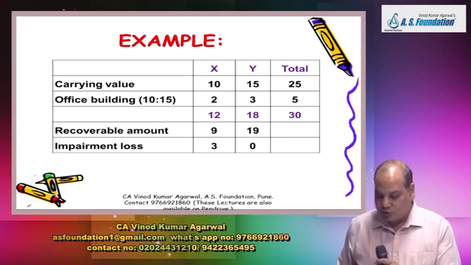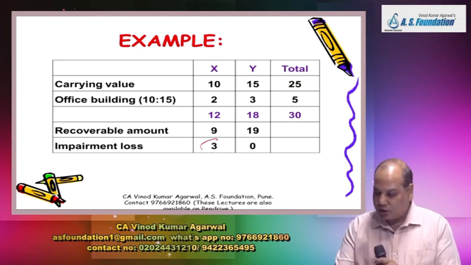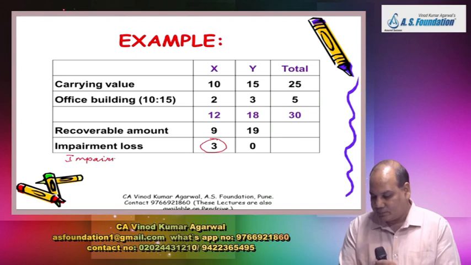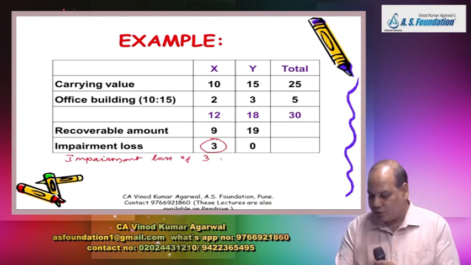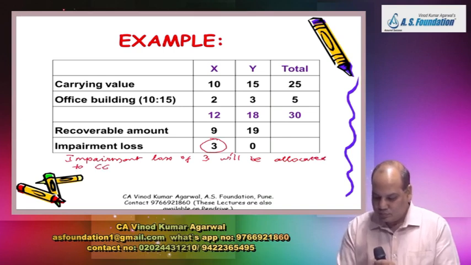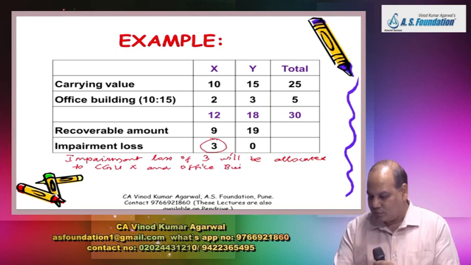Now write one more note below if it is not written. Impairment loss of 3 will be allocated to CGU X and office building in the ratio 10:2.